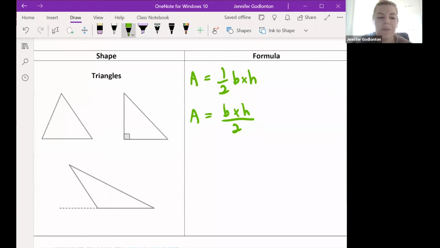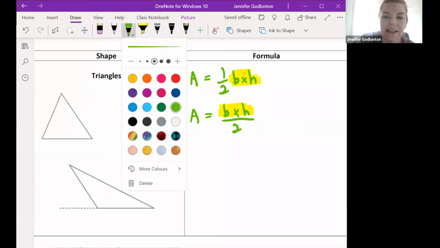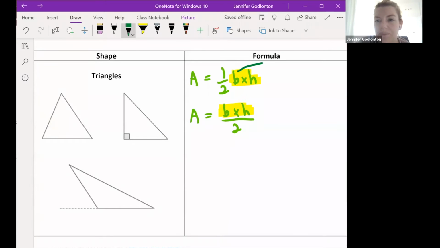Who can tell me what is super important about that base and that height? Just for anyone who hasn't done this in class yet, that B stands for base and that H stands for height. Who can tell me what's really important about that base and that height?